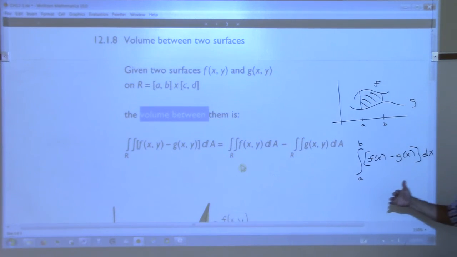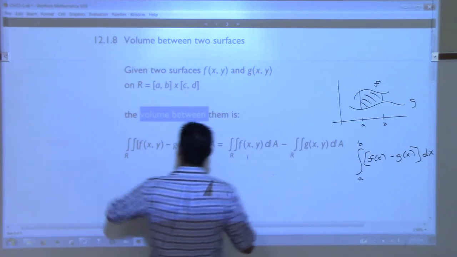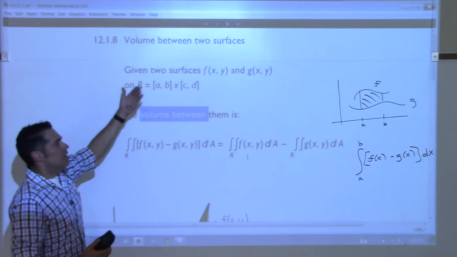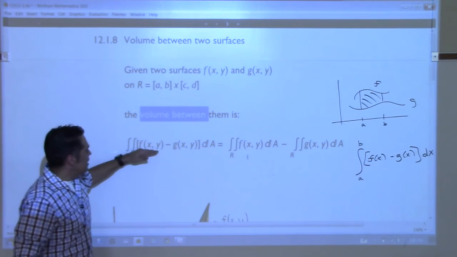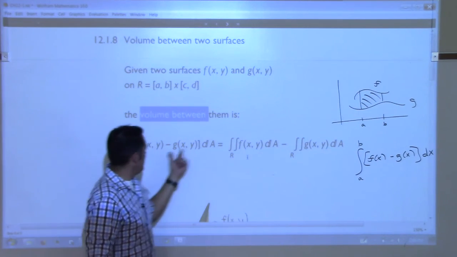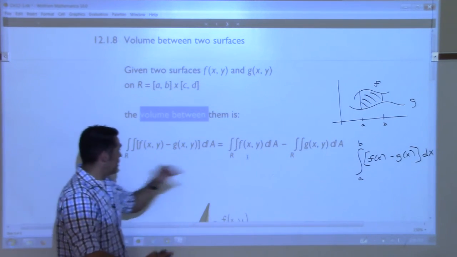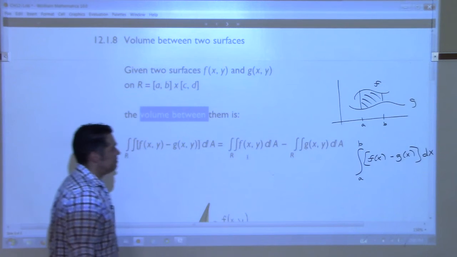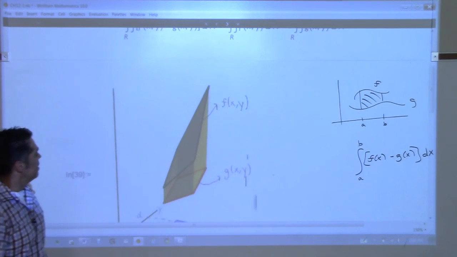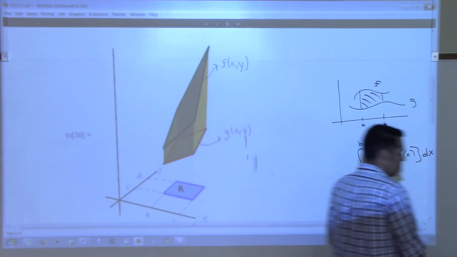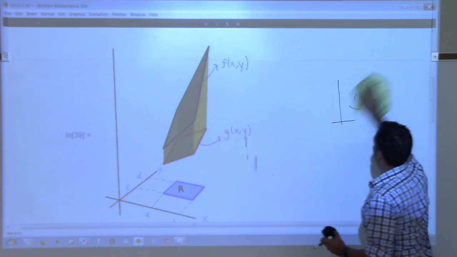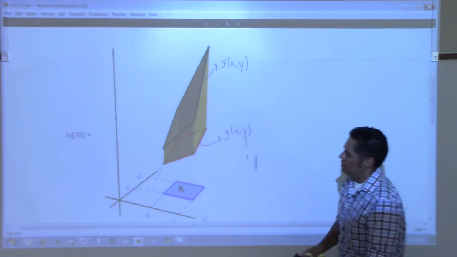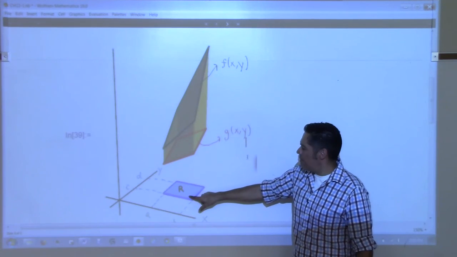Same exact property here. If the f function is above the g function, so that surface is above the other one, then you subtract the two, and because it's subtraction, you can split it into two integrals, and that'll represent the volume. So this is the picture of what's happening. You have a rectangular region on the bottom.